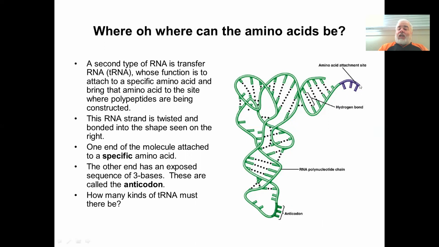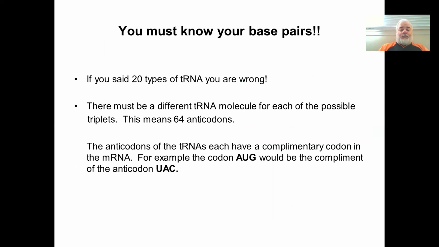But these are lock and key mechanisms to make sure that only the right amino acid is being grabbed by this transfer RNA, and only the right amino acid is being delivered to the ribosome. The anticodon is the delivery key, and the amino acid attachment site is the literal lock and key to grab the right amino acid.